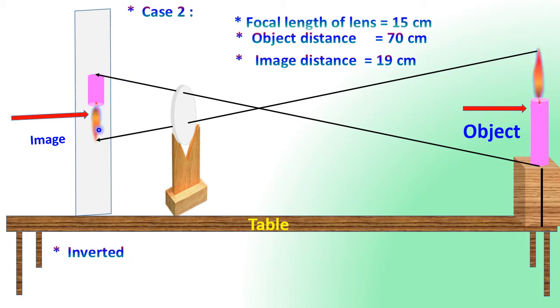You see here, this is the inverted image, upside down. Next, diminished. Compare the sizes of the object and image. The size of the image is less than the size of the object, hence it is diminished. Next, real image, because we caught it on the screen.